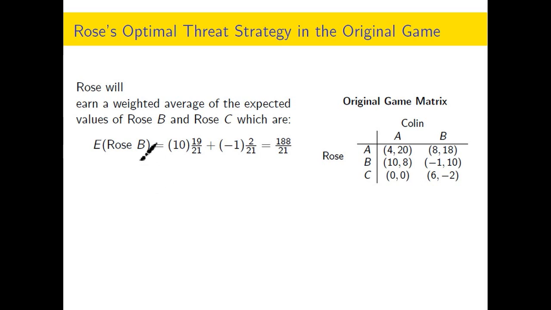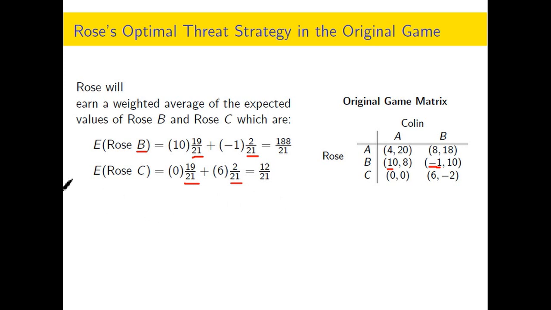When she's playing B, she's getting a 10 and a negative 1. How often is she getting that? Well, according to how often Colin plays A and Colin plays B. That's her expected value for B. And then her expected value for C is the same, right? These are Colin's proportions, and these are her values, the 0 and the 6.